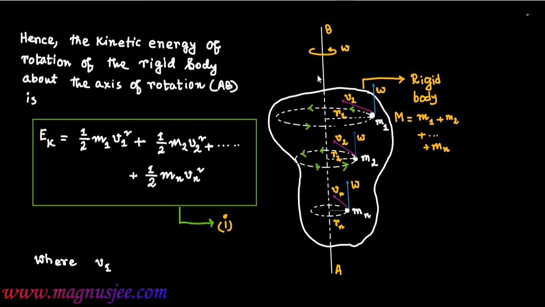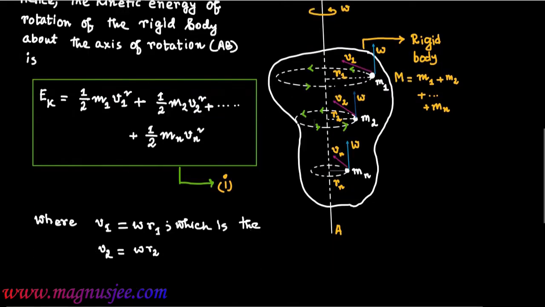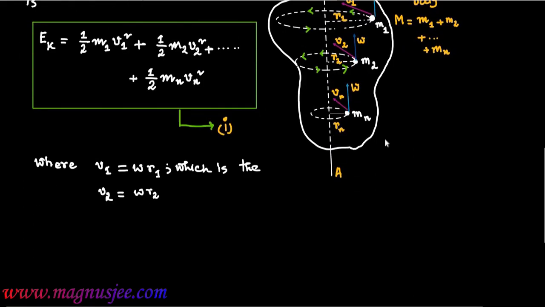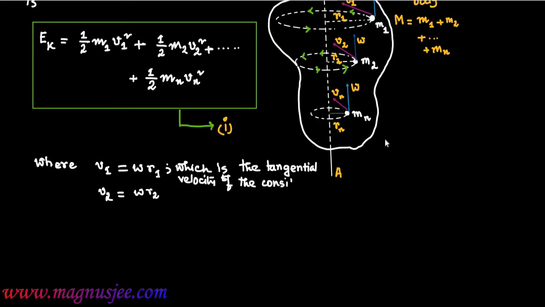v1 equal omega r1. That is, v1, the tangential velocity or linear velocity, is the product of angular velocity omega and the radius of the circular orbit r1, which is v1 equal omega r1, the tangential velocity of the constituent particle of mass m1.